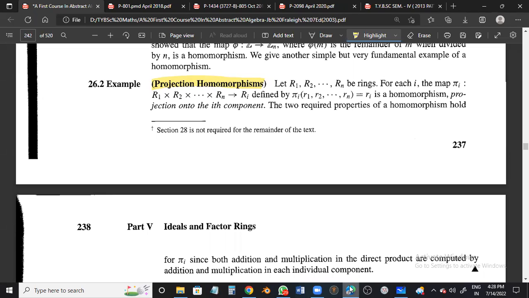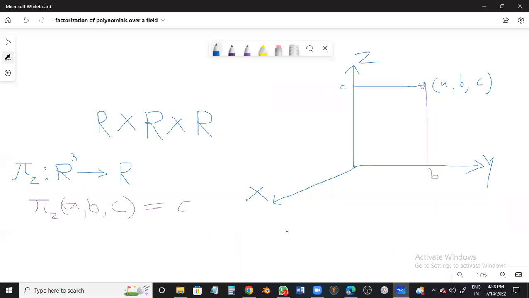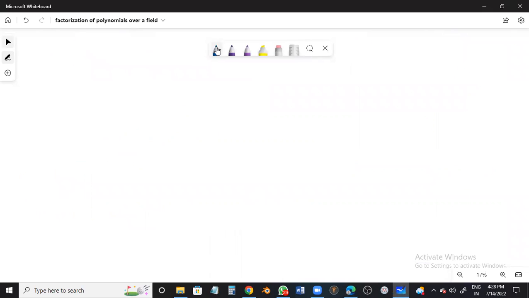How does it become a homomorphism? So I would like to go to the board then. What do we have? R1 cross R2 cross and so on. And suppose I'm having cross R50 and you have pi i.